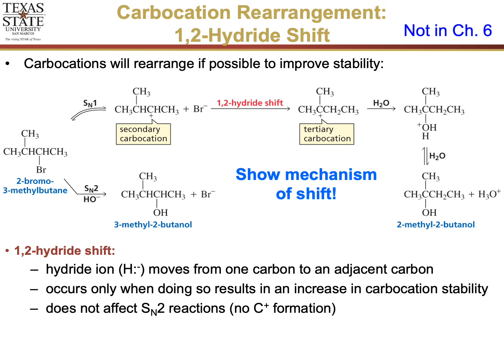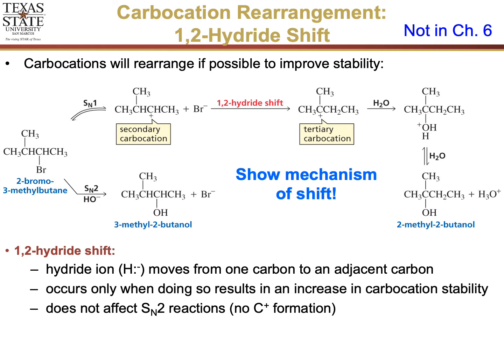Once we have that tertiary carbocation, it can then react with poor nucleophiles like water to then generate our final product. Okay. If we had a reaction where instead of using water, we actually had a stronger nucleophile like hydroxide, we could actually undergo an SN2 type reaction because of the stronger nucleophilicity of the hydroxide, and we would end up with the bond to the secondary carbon.